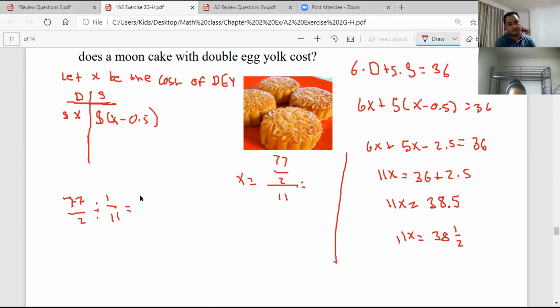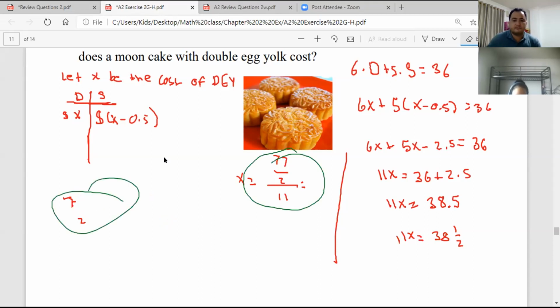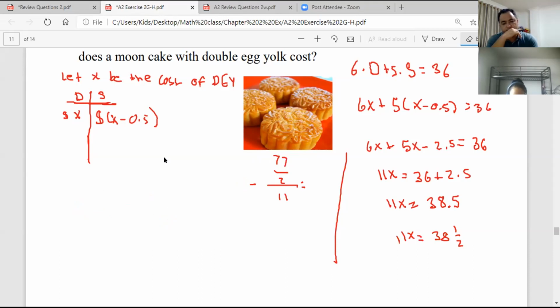No, Shahina, now you will get confused. Can you delete this and delete this? Now, from here, Shahina, 11x equals 77 over 2.